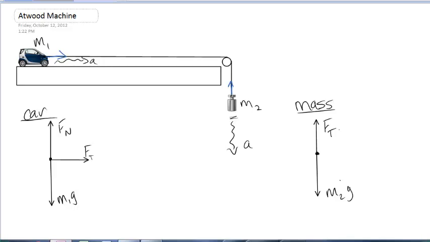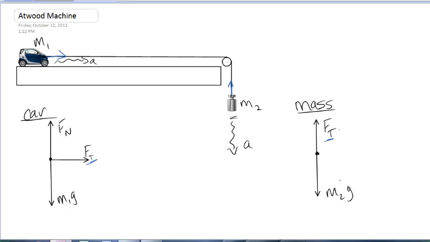You can't have varying tension within one rope. However hard you pull on one side, the other side is going to pull just as hard. So in fact, these two tension forces will be exactly the same in magnitude, even though they're in different directions. That's what this pulley does. A pulley is a simple machine that changes the direction of an applied force.